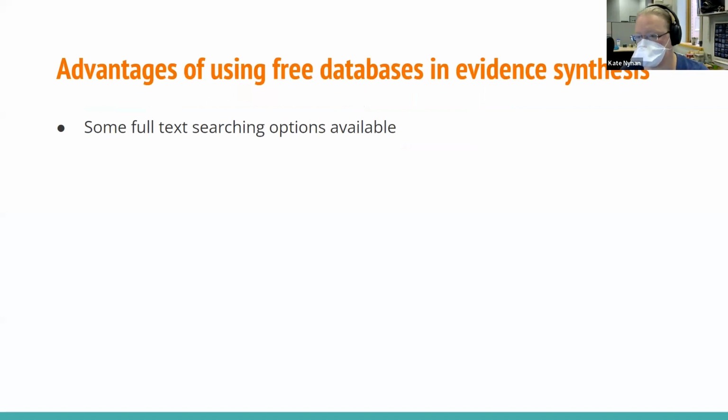If you're used to searching in databases like PubMed, you're used to searching without access to the full text of the relevant documents that you're trying to find. But some free databases do have some amount of free full text searching because they're part of the larger open access, open science ecosystem.